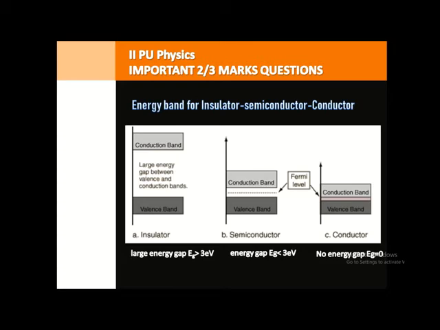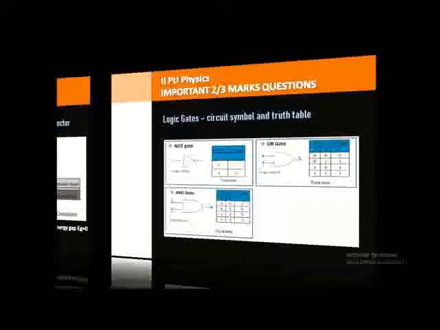This is the energy band diagram for an insulator, semiconductor and conductor. For an insulator there is a large energy gap, more than 3 electron volts. In the case of a semiconductor there is a moderate energy gap, less than 3 electron volts. In the case of metals or conductors there is no energy gap, as the bands overlap.